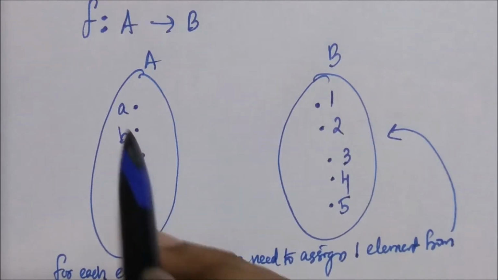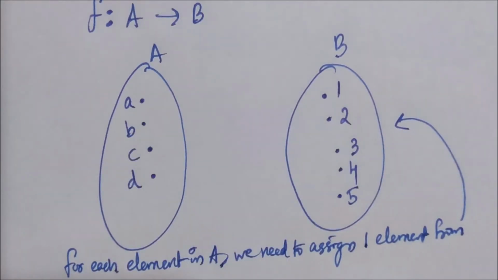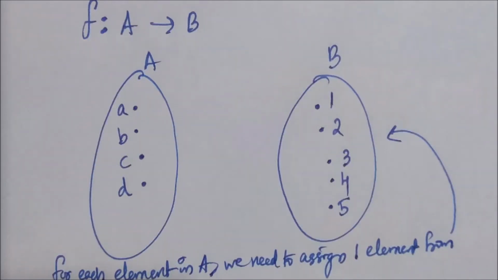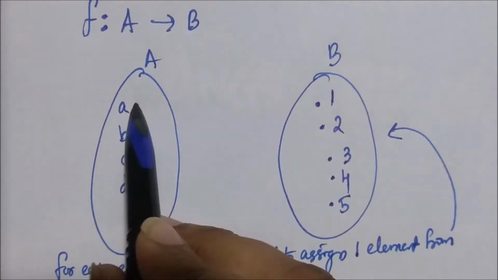Now here is a function we are defining from set A to set B. Set A has elements a, b, c, and d, and set B has elements 1, 2, 3, 4, 5.